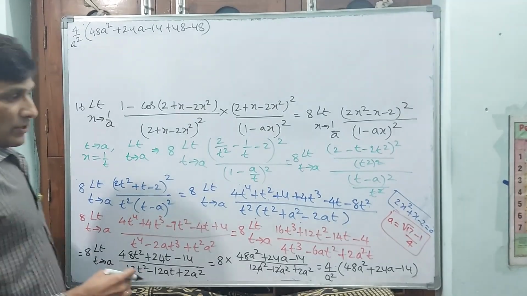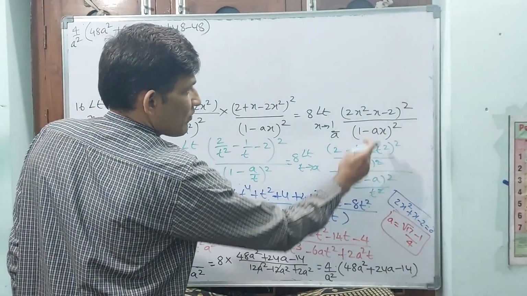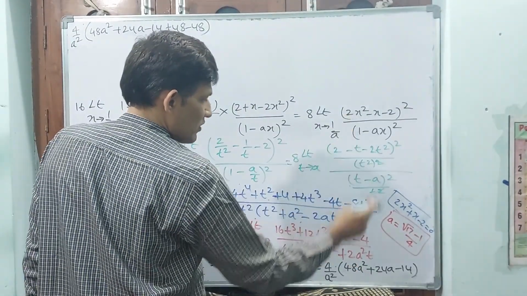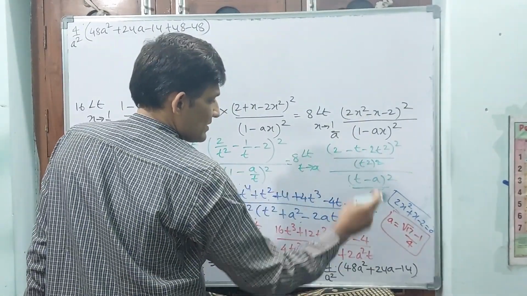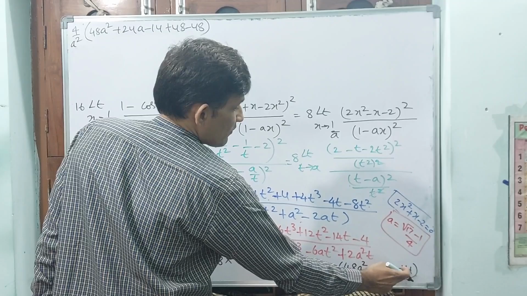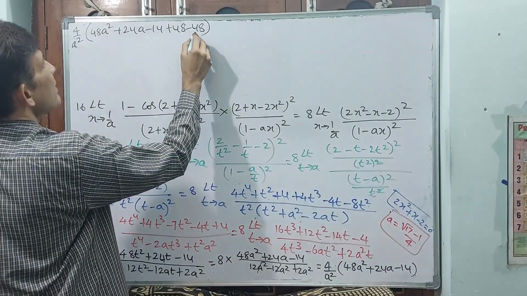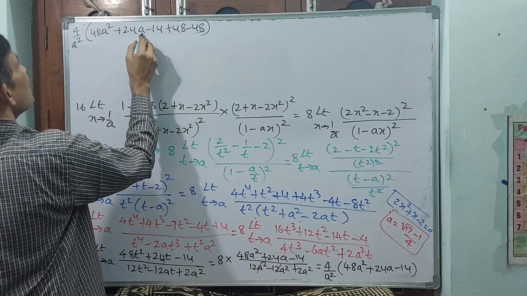Okay, now see, if I want to take it in this form, 24 if you take common, 2a square will come, a will come, but here 48 minus 48 should be there. That means this minus 48 I want to utilize.